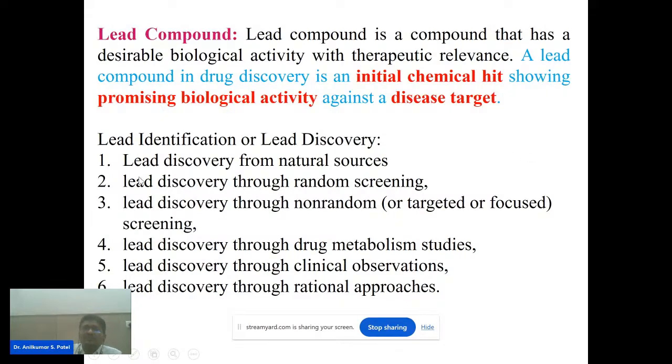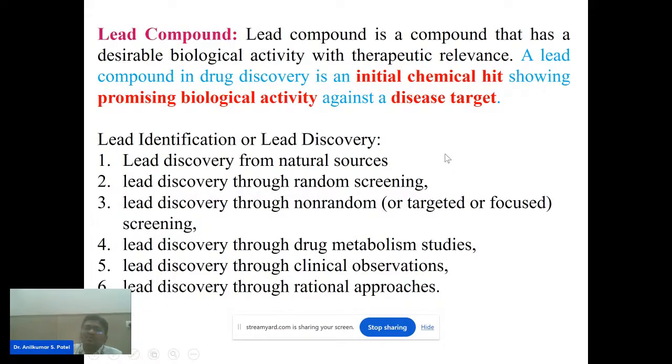Then, currently useful is lead discovery through random screening. Random screening means that without regard to their structures, any compound is checked for biological activity. That is called lead discovery through random screening.